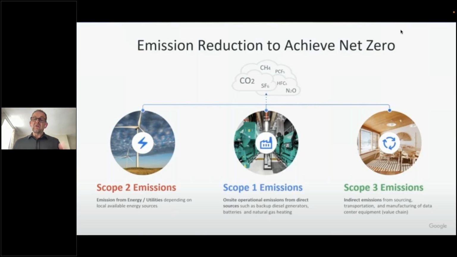Scope 2 is what we all typically think of when we're thinking about energy efficiency of a data center: the power consumption, the draw of electricity from the utilities, where that energy actually comes from, and how we minimize that consumption by more and more efficient computing, which chiplets and heterogeneous processors are all making fantastic strides towards. And then finally, we've got scope 3, which arguably is one of the more challenging, or one of the bigger ones: the actual infrastructure of the data centers and the computer equipment itself. So these are the 3 areas.